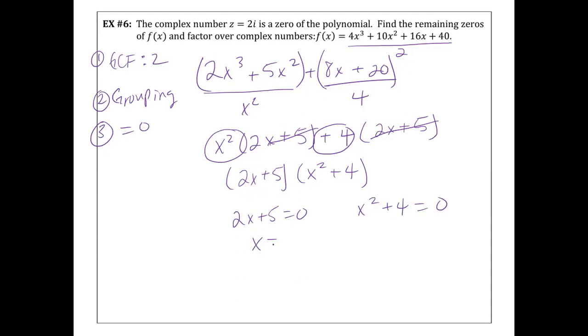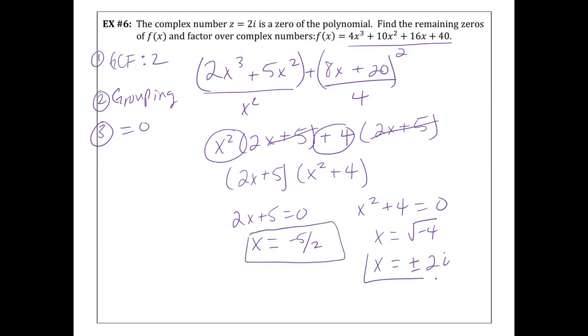This is going to end up being x equals -5/2. Yes? This is going to end up being x equals, yes, because it's going to be the square root of -4, and the square root of -4 equals plus or minus 2i. So these are my zeros. Agreed? Yeah?